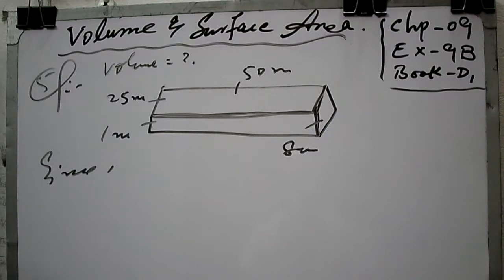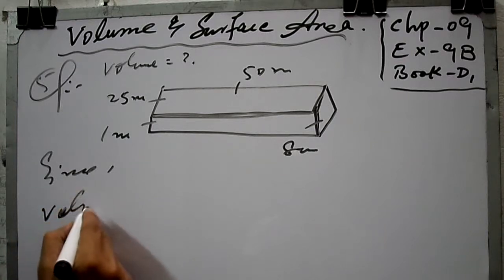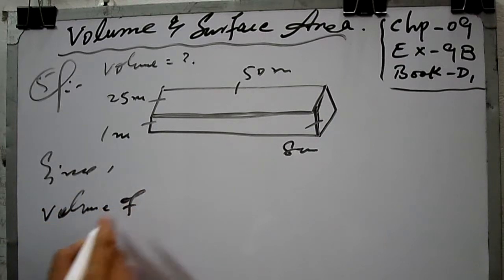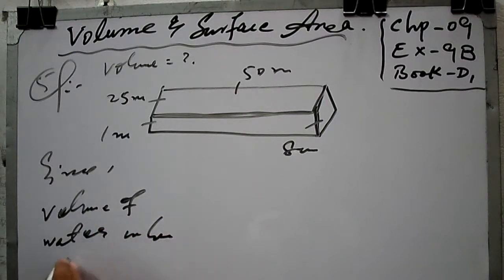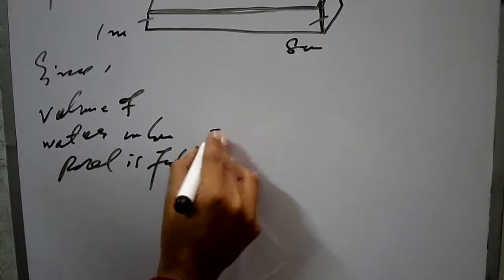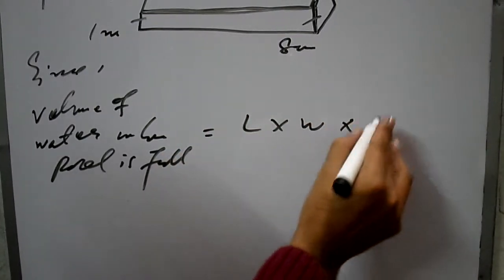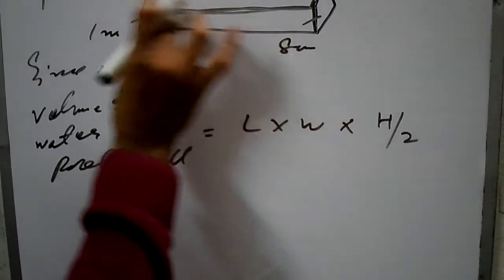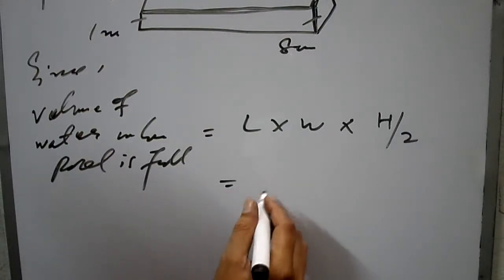Okay, so it means the volume of water when the pool is full. That is length into height, which should be divided by 2, because of the given conditions.